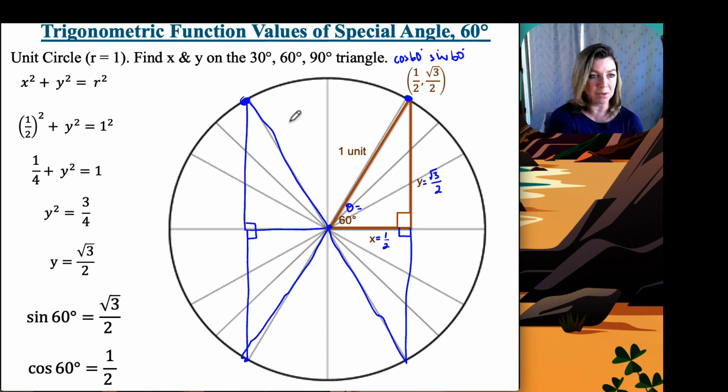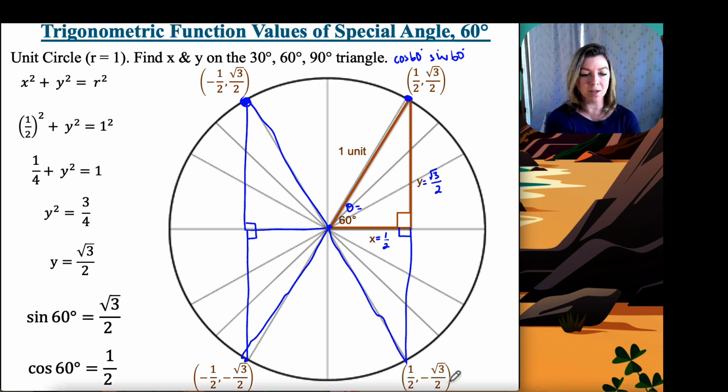Okay, back to what I was saying. This coordinate on the unit circle is then negative x direction, positive y, because we're in quad 2. In quad 3, they're going to both be negative, and in quadrant 4, it's going to be positive, negative. Okay, if we can find those angles now, we'll have more of our trig function values.